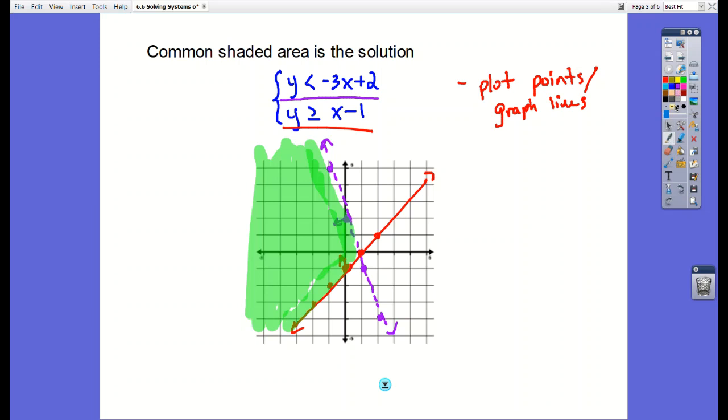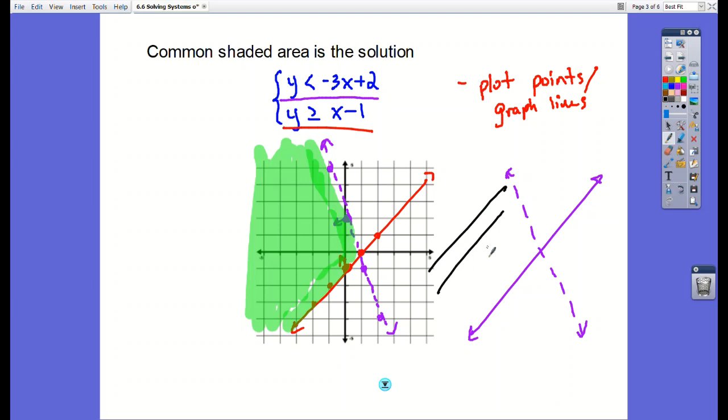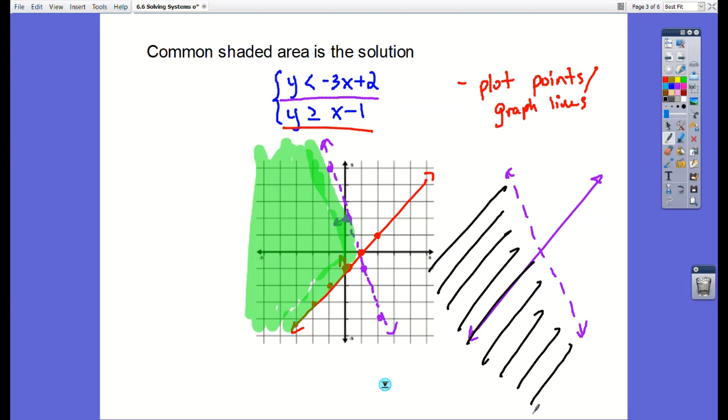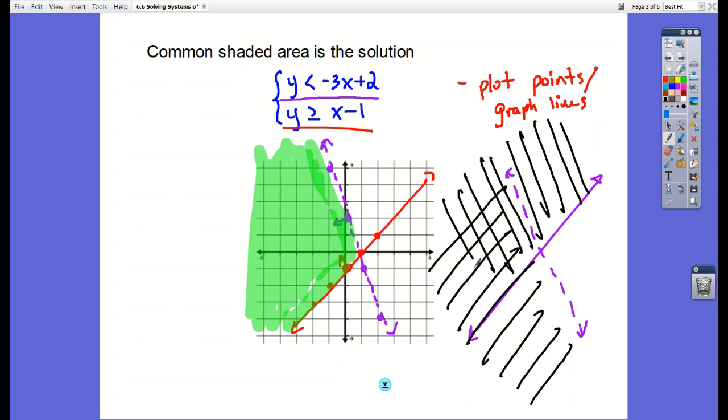Then the other way you could do this, if I were to draw a straight line here, or a dash line to match this, some students would rather use cross-hatching. So we're shading below the dashed line, and we're shading above the solid line. If you do it like this, it's very clear where your overlap is. So I just gave you 3 options. It doesn't matter to me.